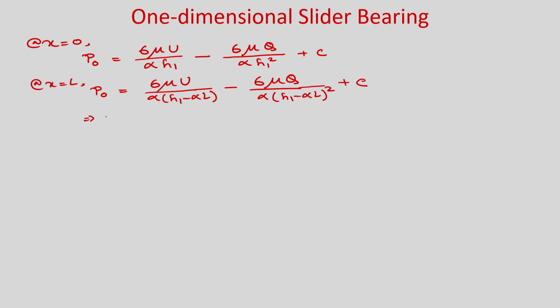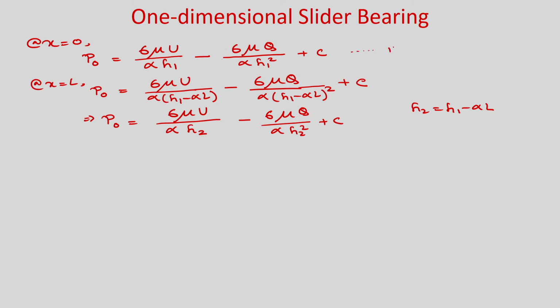Or this you can write as P naught is equal to 6 mu u divided by alpha h2, where h2 is h1 minus alpha L, minus 6 mu q divided by alpha h2 square plus c. So, let us say that this is equation 1 and this is equation 2.